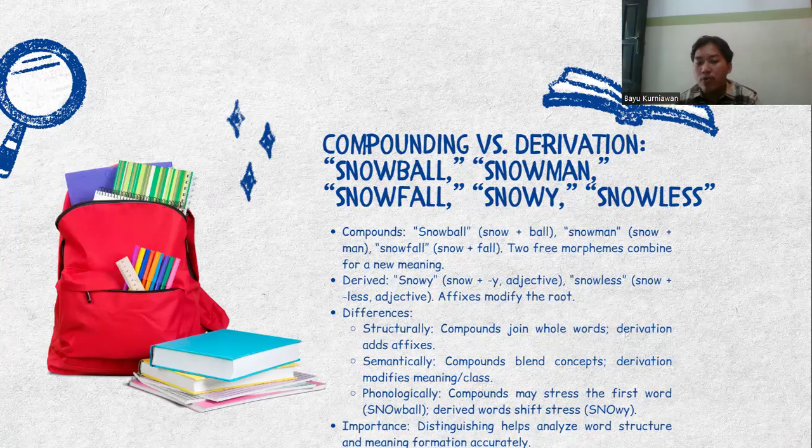Affixes modify the root. The difference: structurally, compounds join whole words, while derivation adds affixes. Semantically, compounds blend concepts, while derivation modifies meaning or class. Phonologically, compounds might stress the first word, as in snowball, while derived words shift stress, as in snowy. The important point is that distinguishing them helps analyze word structure and meaning formation accurately.